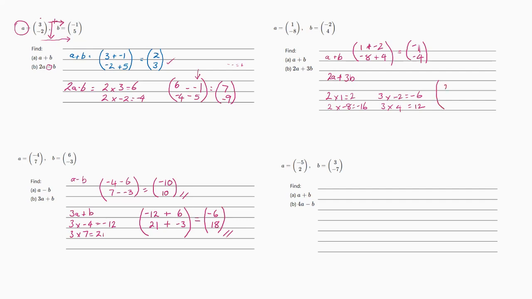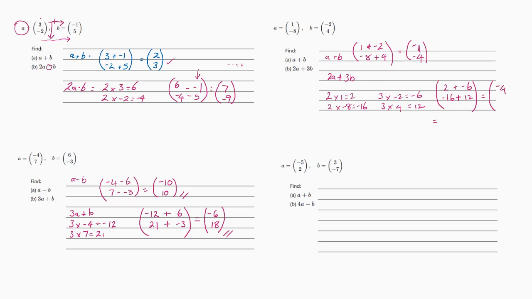We have 2, -16, -6 and 12, and it's a plus. 2 plus -6 is going to be -4.